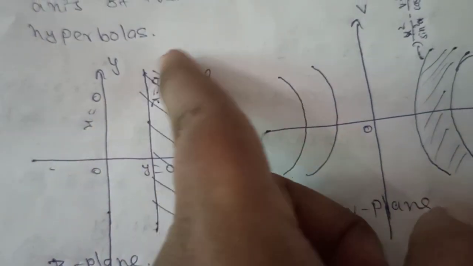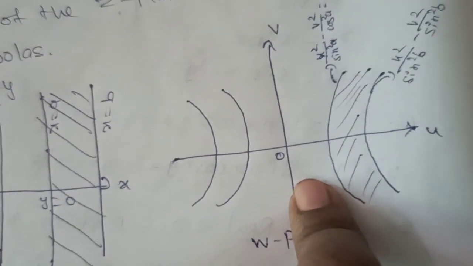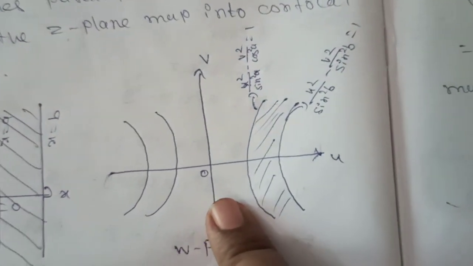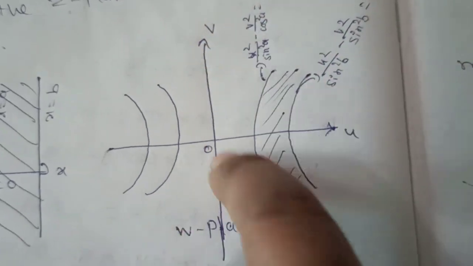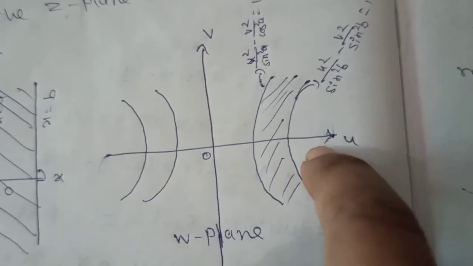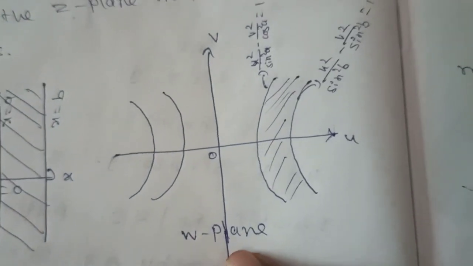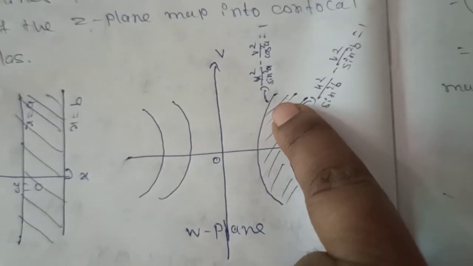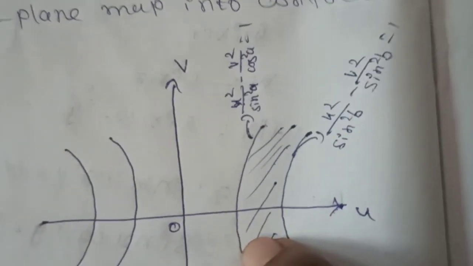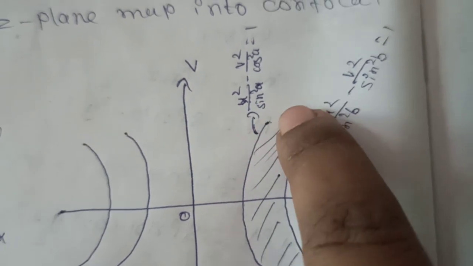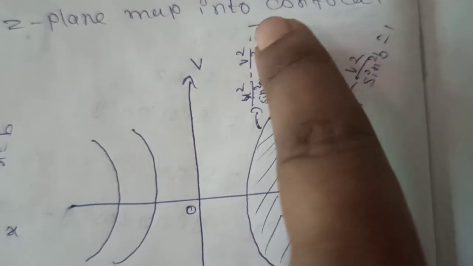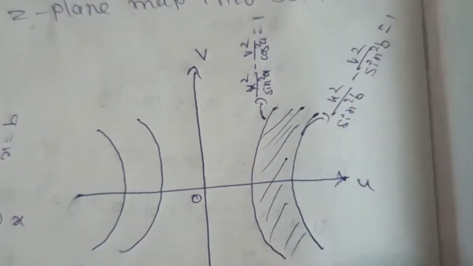Corresponding to this, I will draw the w plane hyperbolas. In the w plane we have the variables u and v. We take the u axis and v axis. First you take the first hyperbola: u square by sin square a minus v square by cos square a equal to 1, draw one hyperbola.